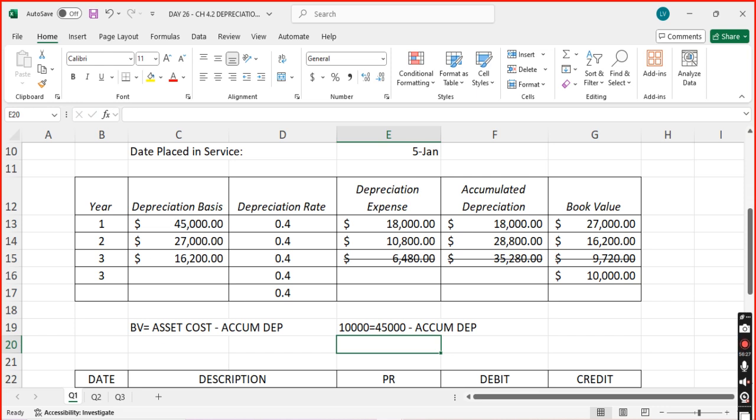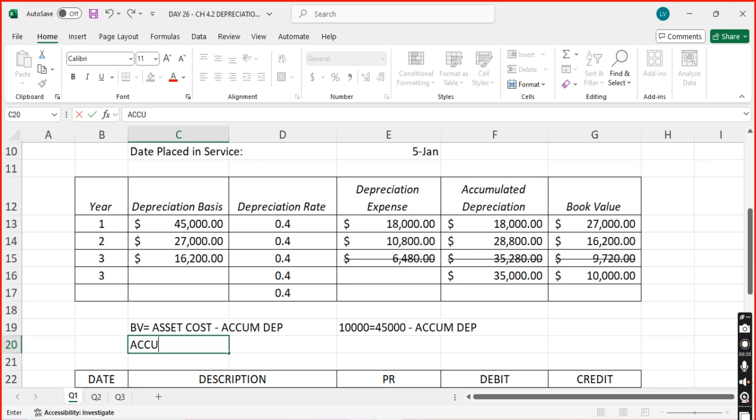Okay, so my asset cost minus what is going to give me 10,000? Correct. I can also do my math there. 45,000 minus 10,000 should give me 35,000. Now, to solve for my accumulated depreciation, hold on. Okay, so my accumulated depreciation is going to be current depreciation expense plus previous accum.